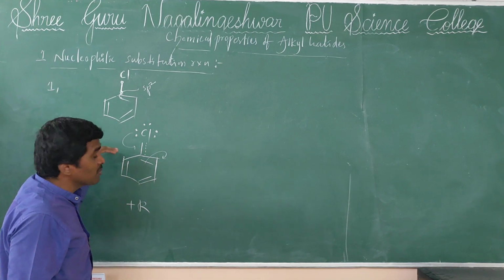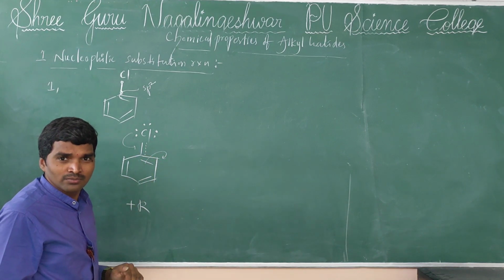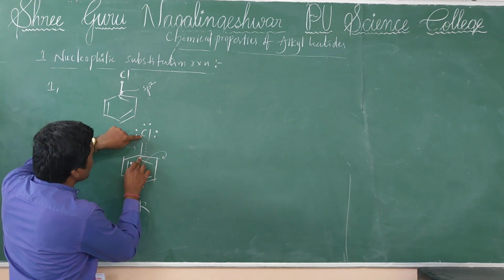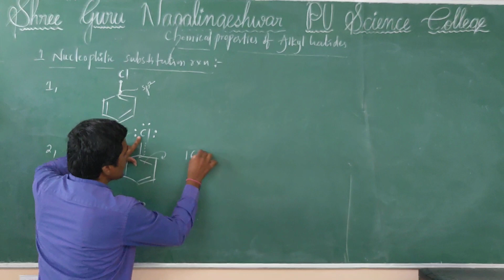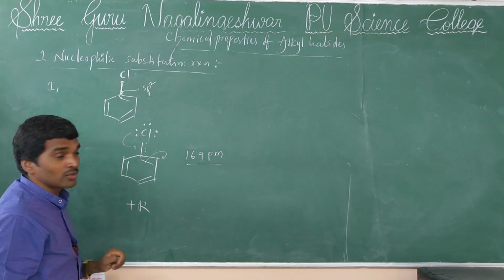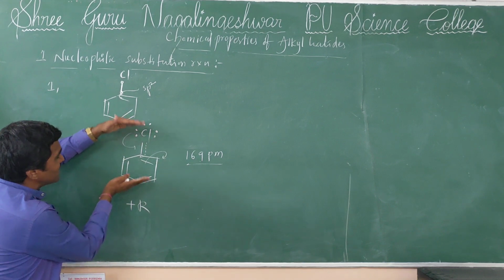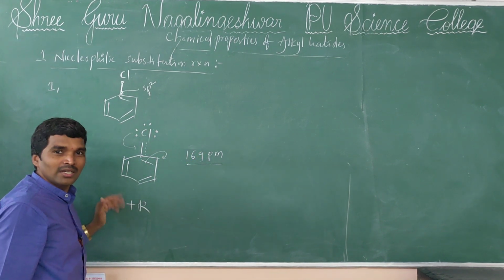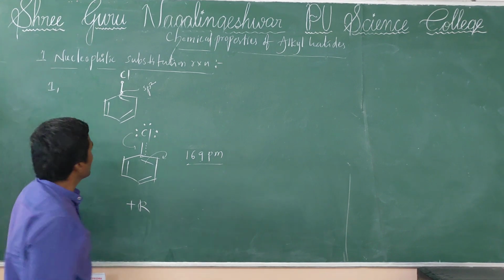So that's why we are unable to break the double bond. Okay. Due to this partial double bond, the carbon to chlorine bond length is 169 pm. So bond length decreases. The bond we cannot cleave properly. Understood? That is one reason. Okay.